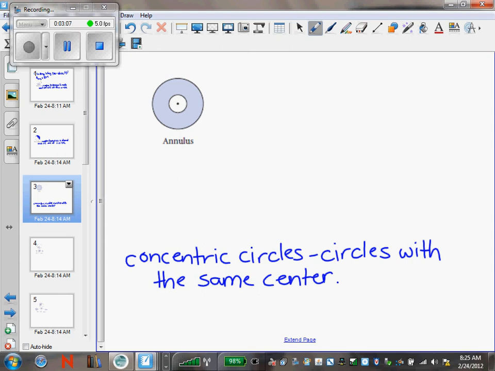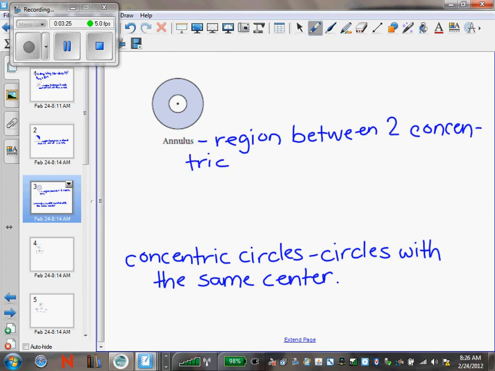If you were talking about the area between them, you were referring to the annulus. So there's your definitions. The formulas for their areas is what this section is all about.